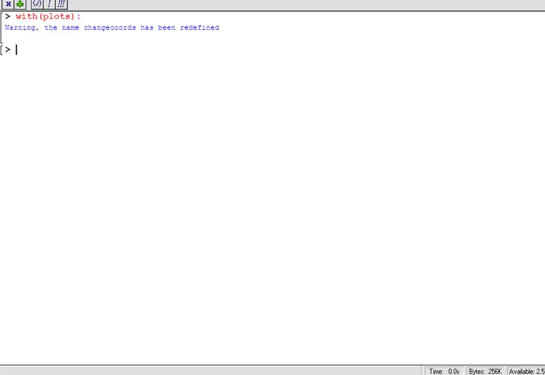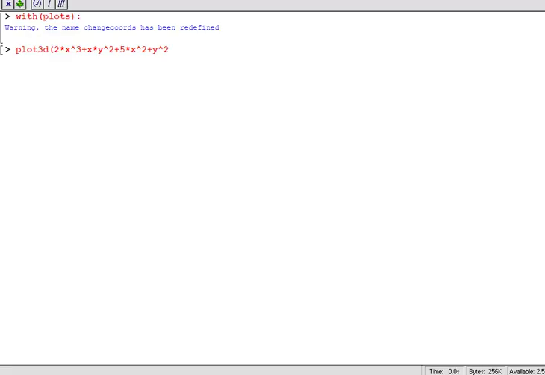And I want to plot 3D. 2 times x cubed plus xy squared plus 5x squared plus y squared.